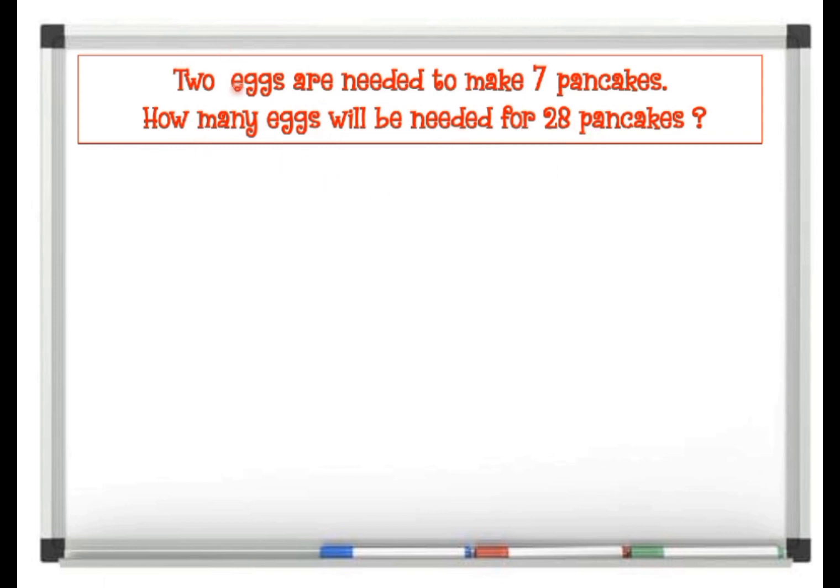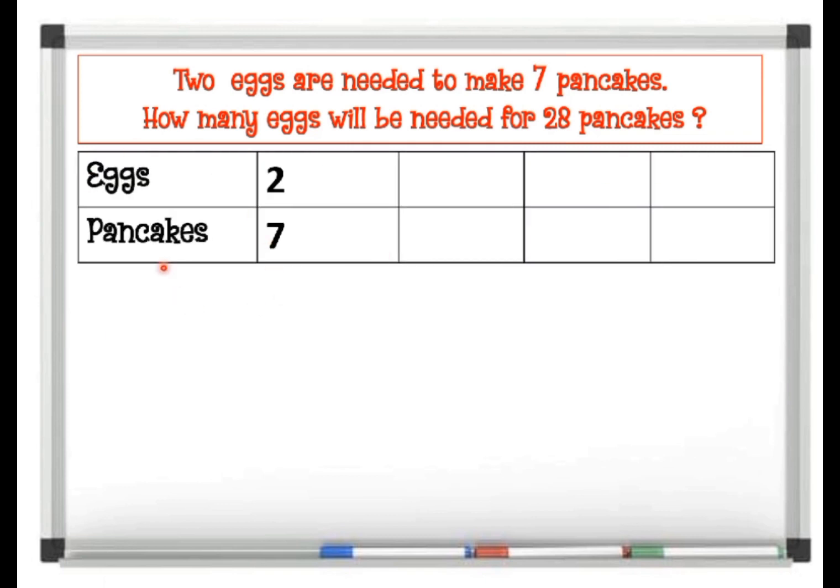2 egg daw ang kakailanganin para makagawa ng 7 na pancakes. Ilan namang eggs ang kakailanganin para makagawa ng 28 na pancakes? So, para masagot natin ang ating problem, we are going to make a table like this. Sa bawat 2 egg ay mayroong 7 na pancakes na magagawa.